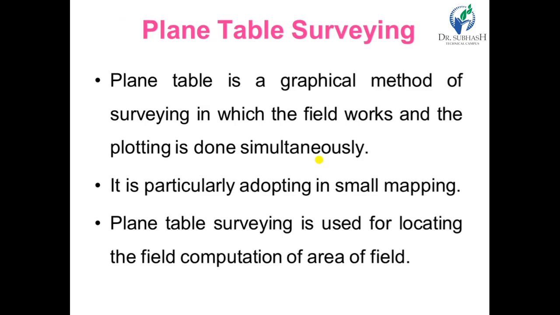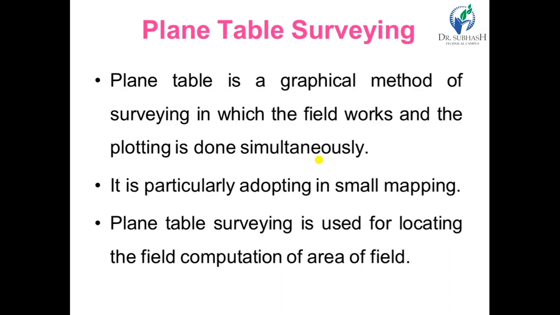The next method is plane table surveying, which is also a method of plane surveying. In this, we use the plane table and mark our points with respect to optical dimensions, taking measurements with tapes. It is generally adopted for small scale mapping.